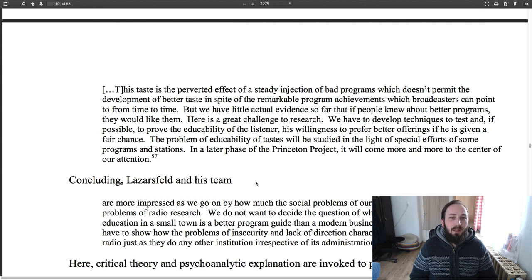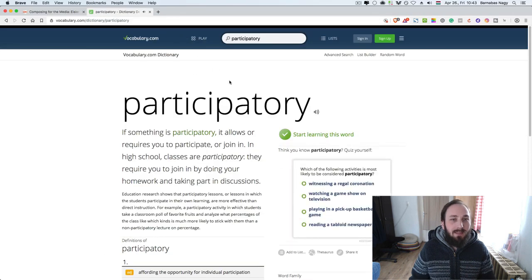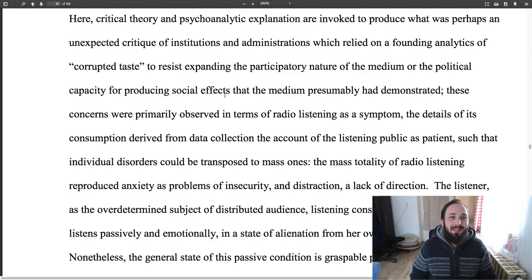His taste is perverted effect of a steady injection of bad programs, which doesn't permit the development of better taste in spite of the remarkable program achievements which broadcasters can point to from time to time. Here, critical theory and psychoanalytic explanation are invoked to produce what was perhaps an unexpected critique of institutions and administrations which relied on founding analytics of corrupted taste to resist expanding the participatory nature of the medium or the political capacity for producing social facts that the medium presumably had demonstrated.